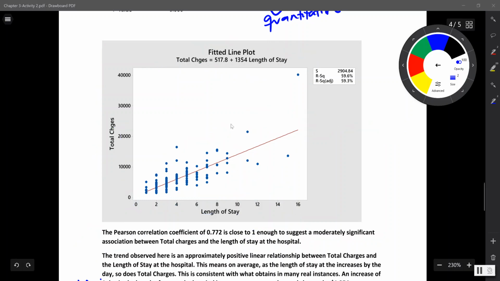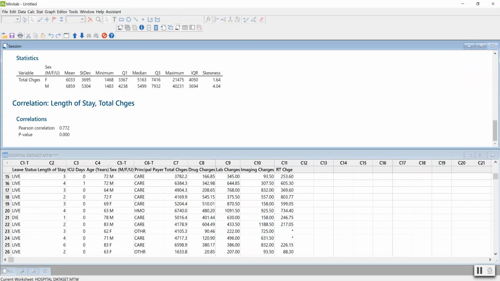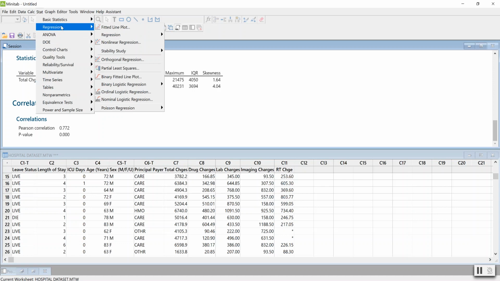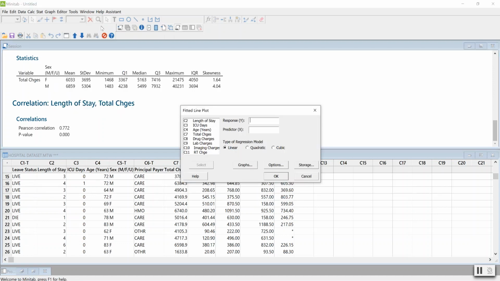So, how do we generate this plot? We go into Minitab and we go into Statistics, go to Regression and Fitted Line Plot. Click on this and then which variable is on the y-axis? That is, which variable depends on the other.